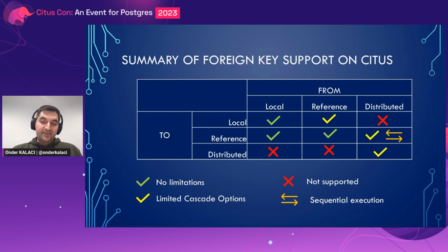So this is really my mental model of thinking about foreign keys in Citus as well. Just try to focus on picking foreign keys that are easily applicable by collocating the data, and also think about the cascade options so that we don't get into cascade related limitations.